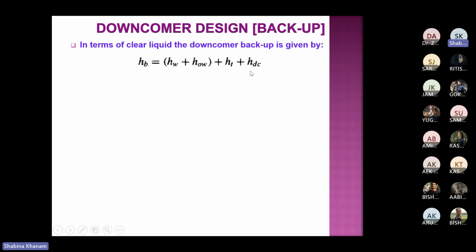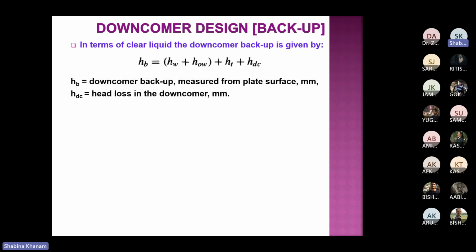And plus HDC. So what these parameters are: HB is the downcomer backup measured from plate surface. HDC is the head loss in downcomer. What is the head loss in downcomer?